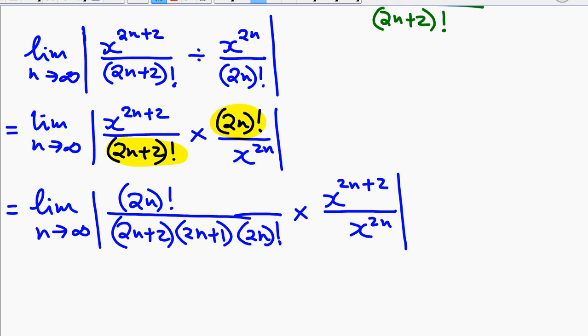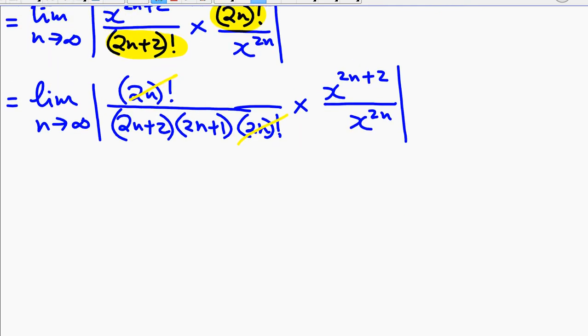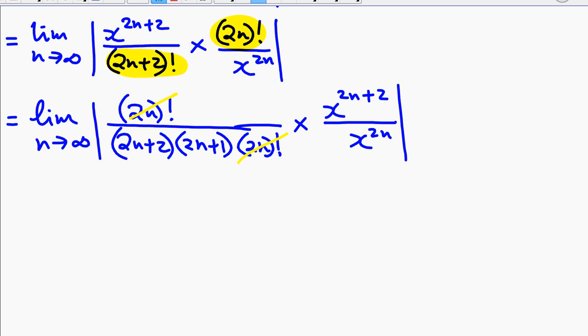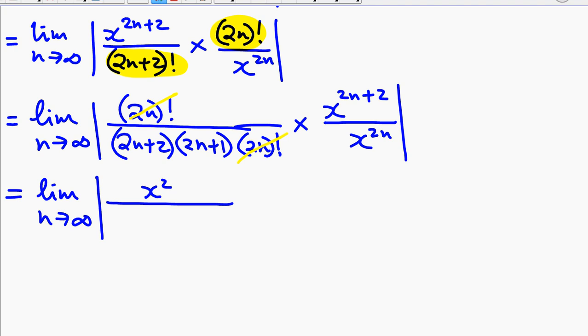So this cancels out. So I'll end up with the limit as n approaches infinity of, this will simplify to x squared over (2n+2) multiplied by (2n+1).